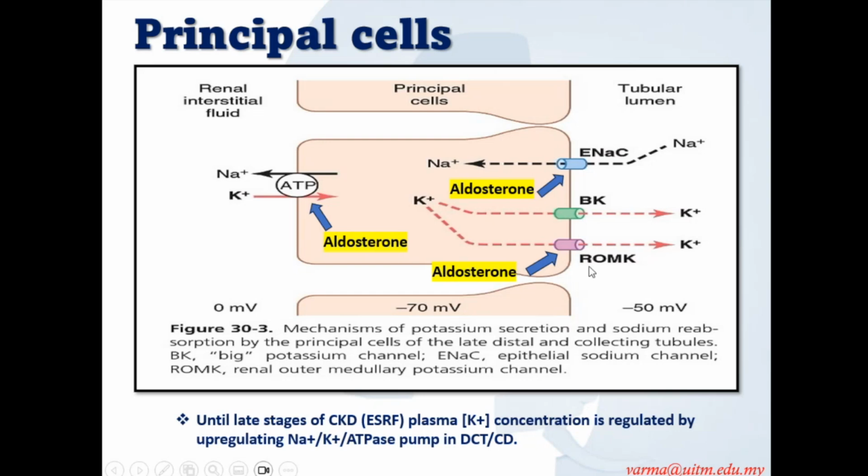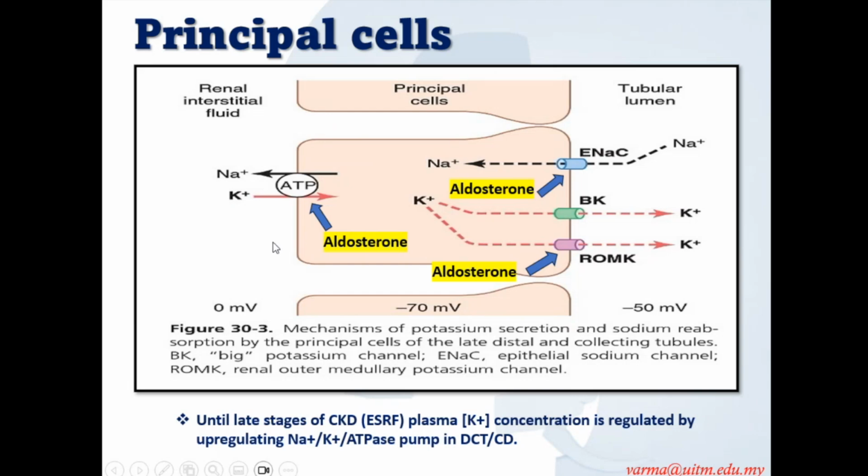So aldosterone increases secretion of potassium by stimulating ROMK and increases reabsorption of sodium by stimulating ENaC. Aldosterone also upregulates the sodium potassium pump to maintain this chemical gradient. Until late stages of CKD, plasma concentration of sodium is regulated mainly by upregulating the sodium potassium ATPase pump. This is about the principal cell.